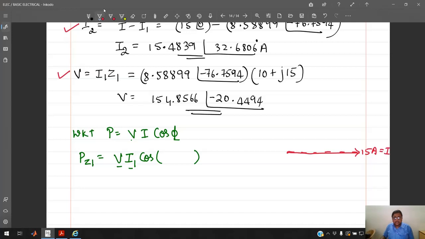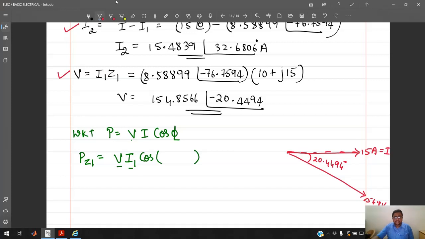Now it is voltage V, which is 154.85 volt at an angle of minus 20.4494 degrees.